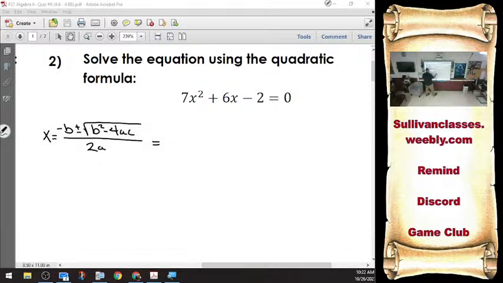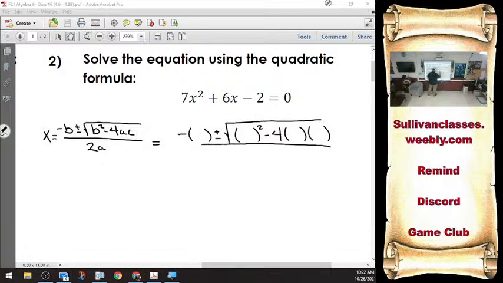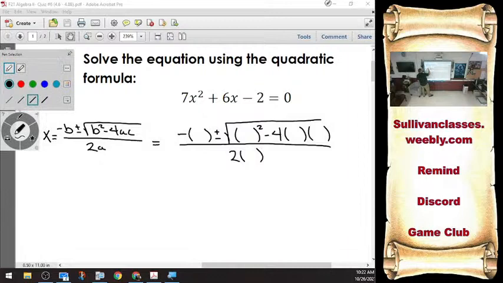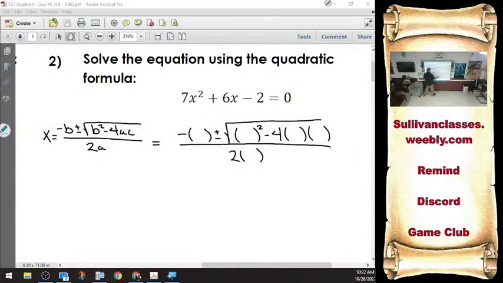Parentheses. Parentheses should help keep us from screwing up all of these negatives and exponents. Then plug stuff in. Say b is 6, a is 7, c is negative 2.